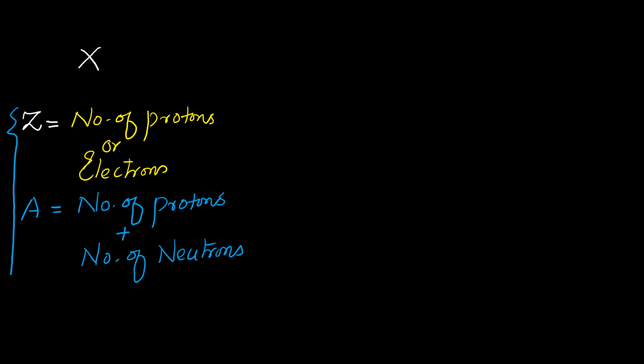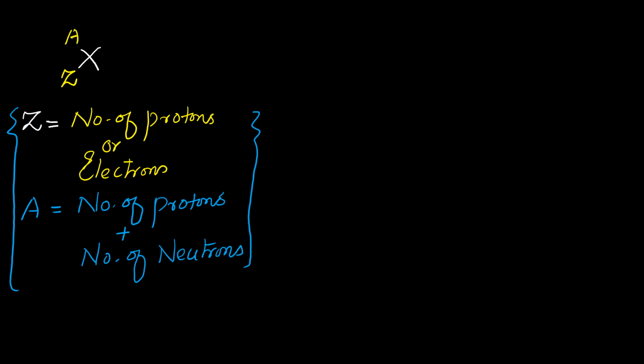In the periodic table, every element is represented with atomic number Z, which is written below, and atomic mass A.